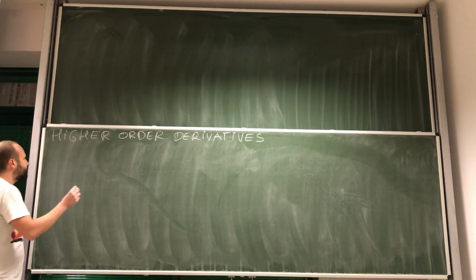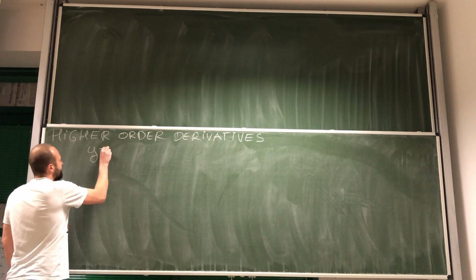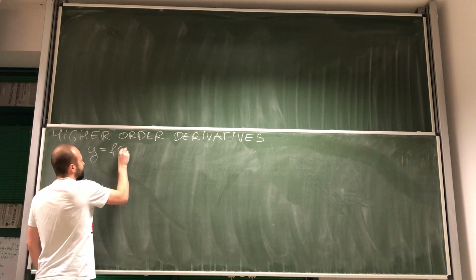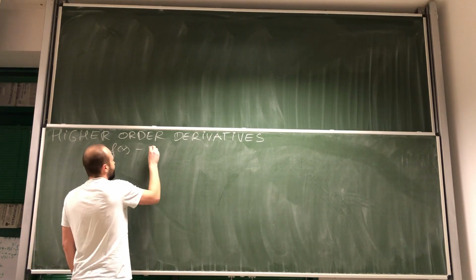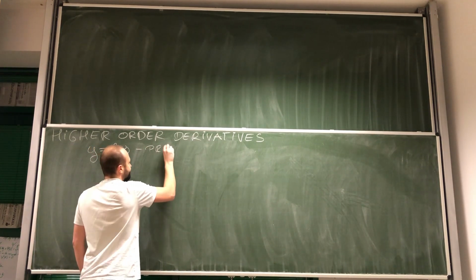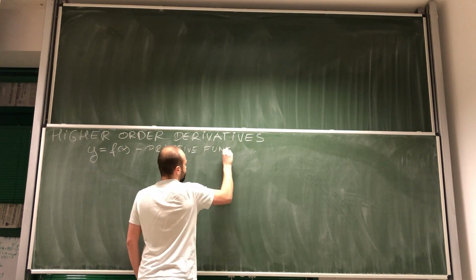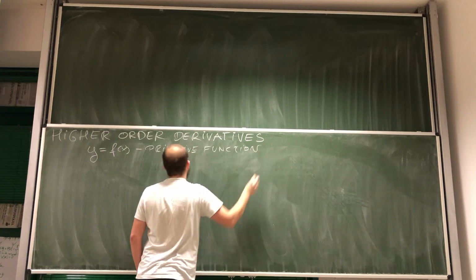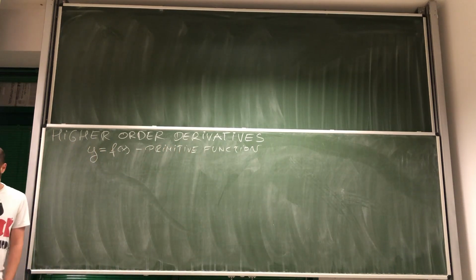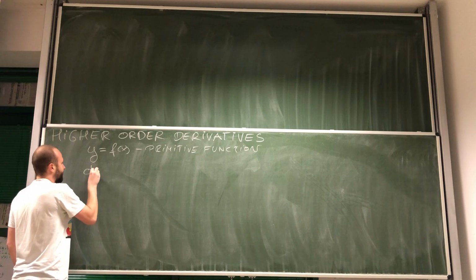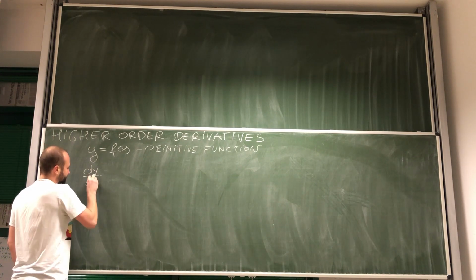So look, if we have a function y equals f of x, remember we were calling it the primitive function. Now, look, what I can do over here is, of course, to calculate the derivative of this function, dy dx, right?